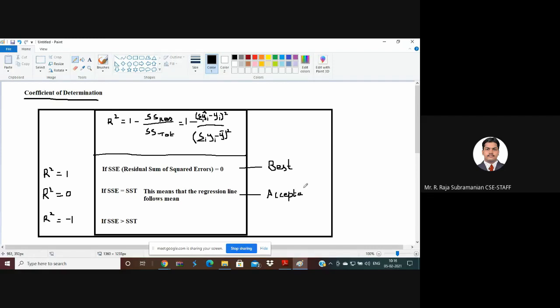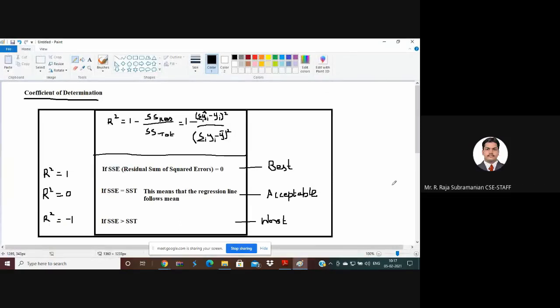If I was able to do everything with respect to the mean itself, then there is no use of linear regression itself. And this negative, I don't accept, or I can directly say worst. So always what we can say is, like in an MCQ, positive values of R squared are always acceptable. Zero is also acceptable, but negative values of R squared are not acceptable. Is it understandable? Absolutely. Yes.